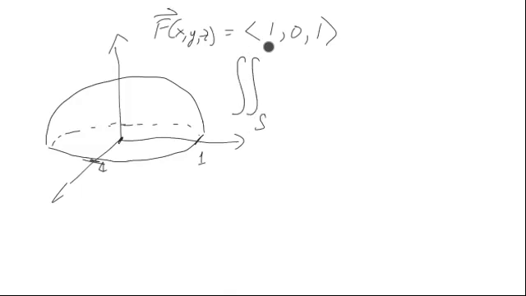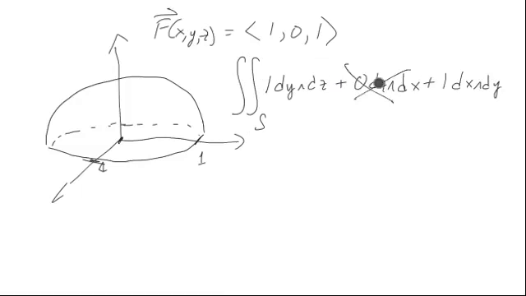Then we're looking at the components here of this vector: 1, and then we put what's orthogonal to x, which is dy dz, but we put it in the right order using this symbol to denote that for orientation. And then plus 0 dz dx plus 1 dx dy. Now that's just 0, so that's gone. So we're just looking at that.